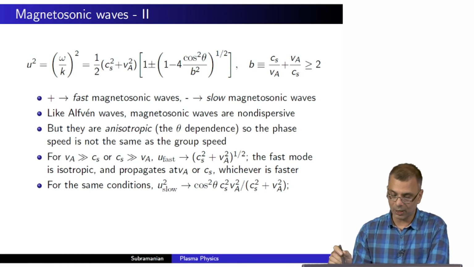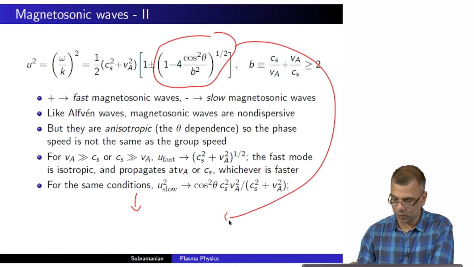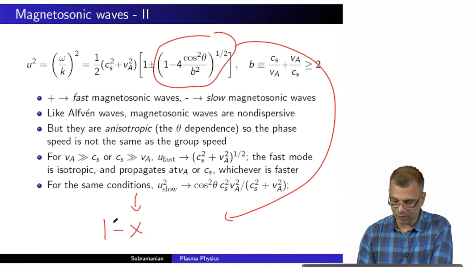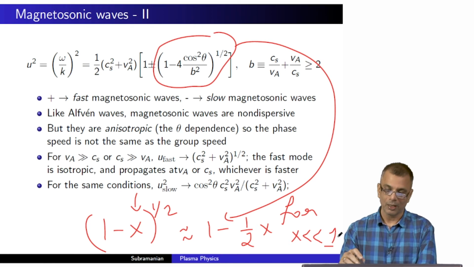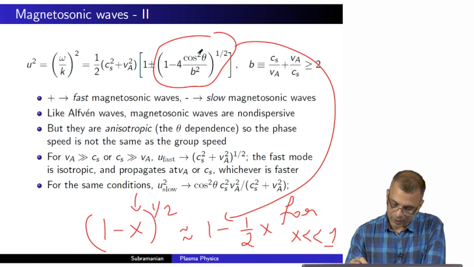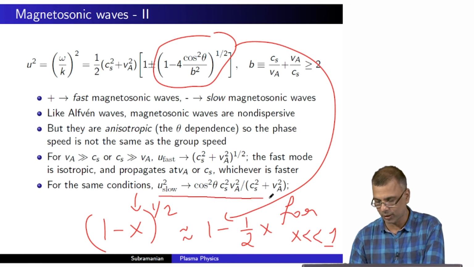What you need to do is expand this entire thing like (1 minus x) raised to 1/2 is approximately equal to 1 minus x/2 for x much less than 1. It's kind of a binomial expansion. So you see, the second term is very small in comparison to 1, so that would represent x. And so you expand (1 minus x) raised to 1/2 and you get this, and from that you arrive at this expression for the slow magnetosonic speed.